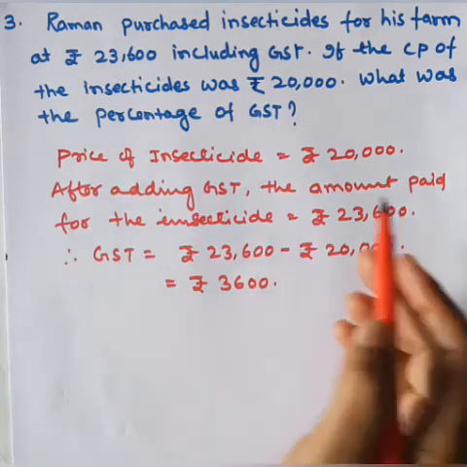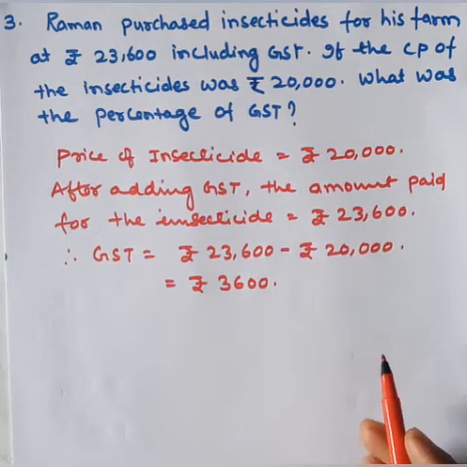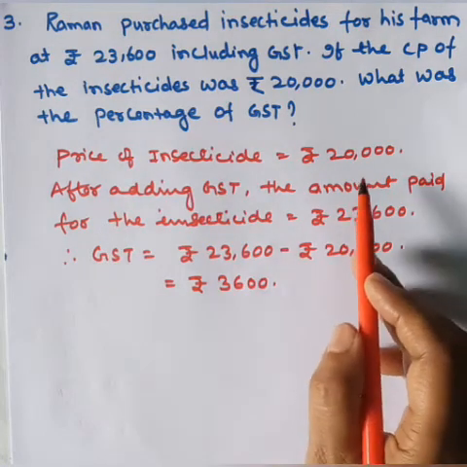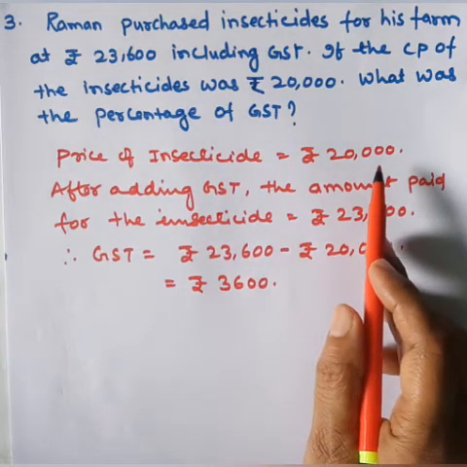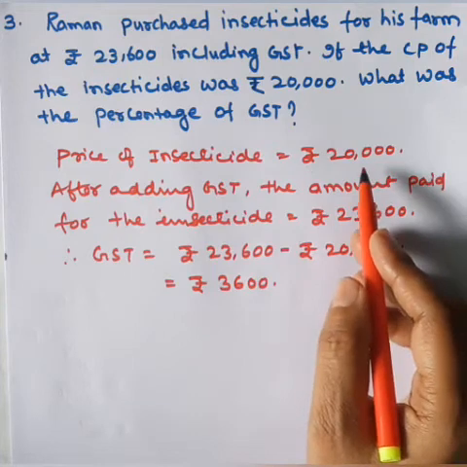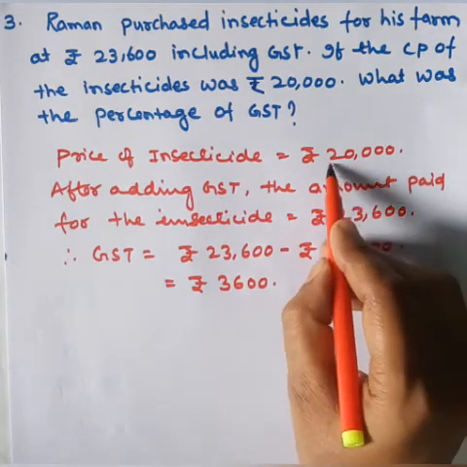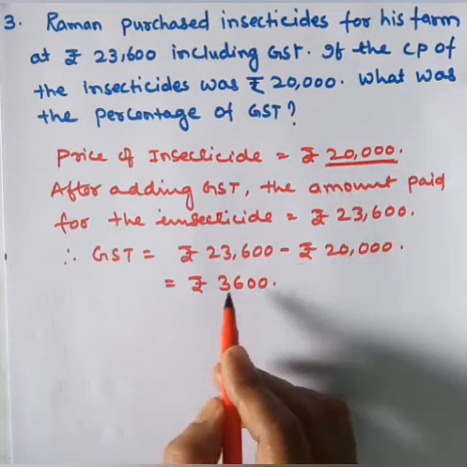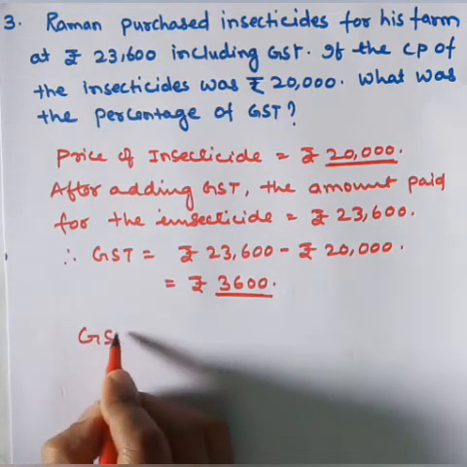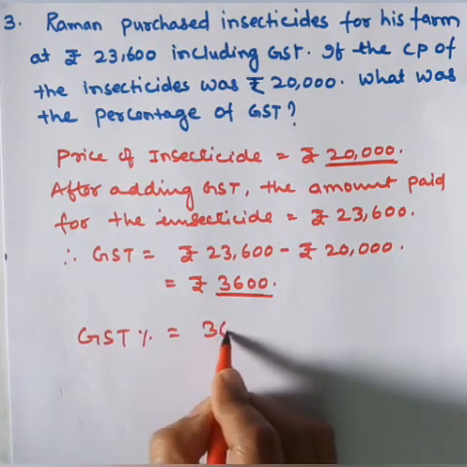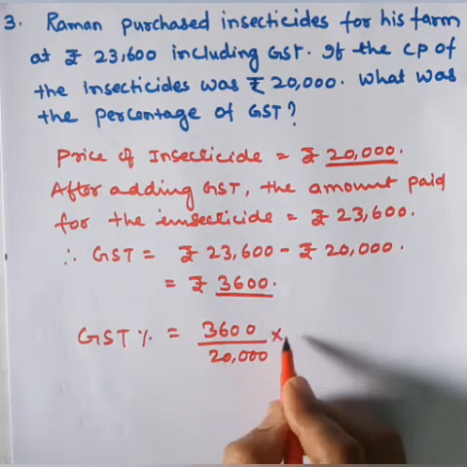Okay. Now what was the percentage of GST? How do you calculate GST? Always we calculate GST on the price of the object or thing, whatever we are purchasing. Okay. So whatever we are purchasing, on that price we are calculating GST. So we will be calculating GST on this. Okay. So what is our GST here? GST is 3,600. So GST percentage will be equal to 3,600 by 20,000 into 100.